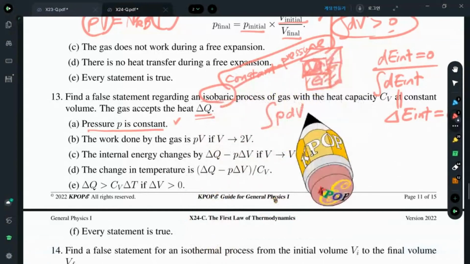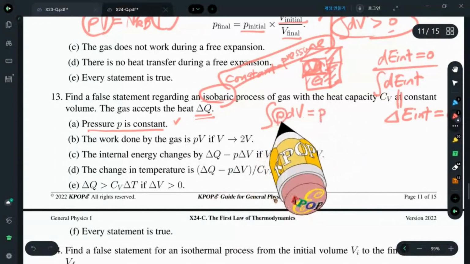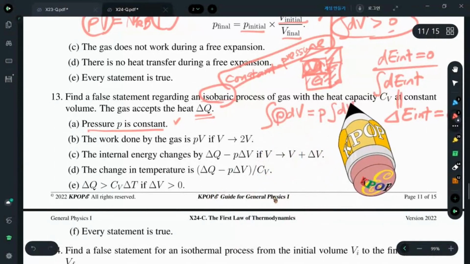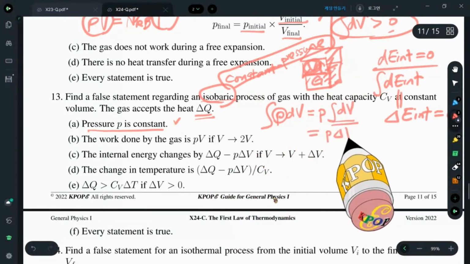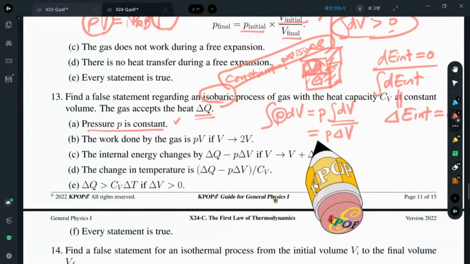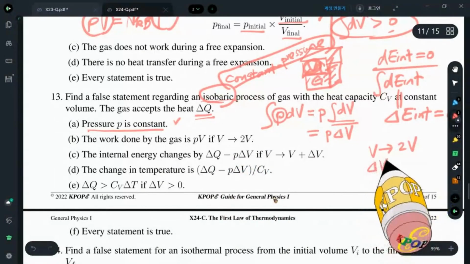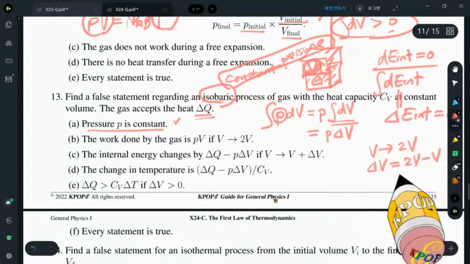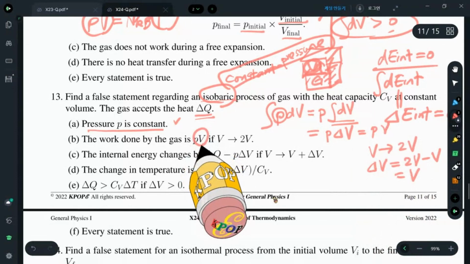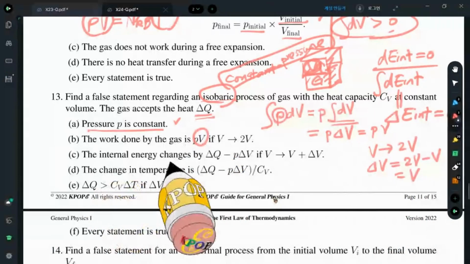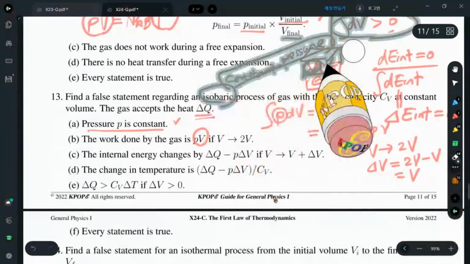However, this pressure is constant, so I can factor P out, and this becomes a trivial integral. It is always delta V. Because V changes from V to 2V, delta V equals 2V minus V, that is V, so this is PV. That's correct.